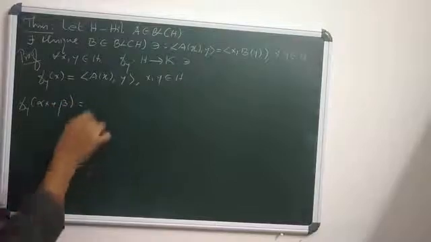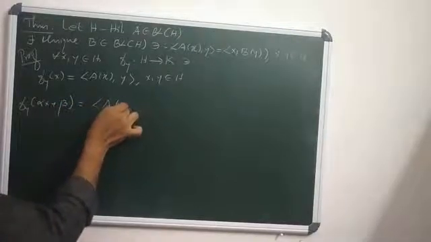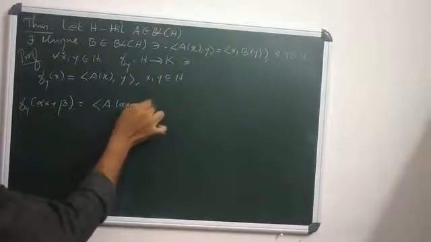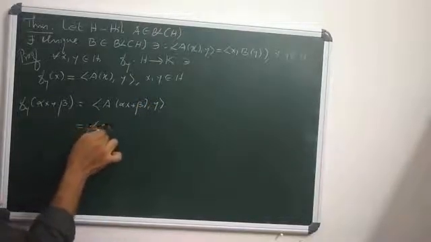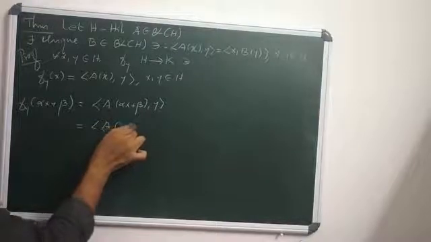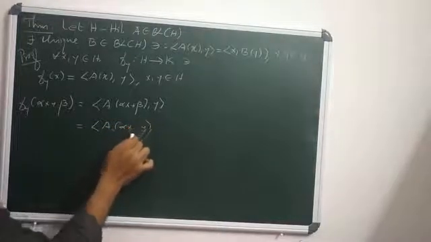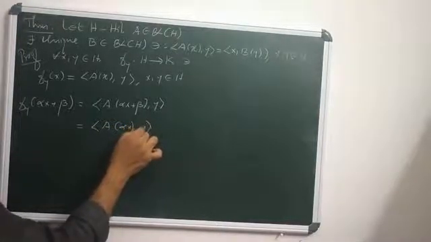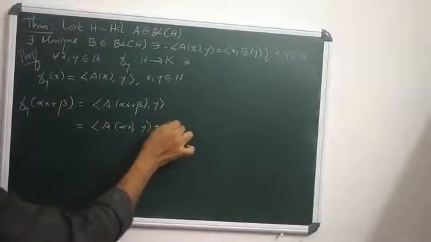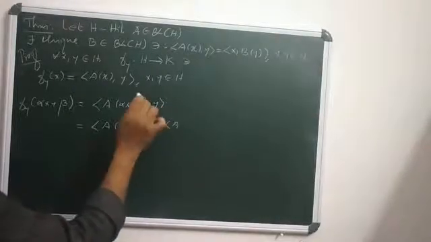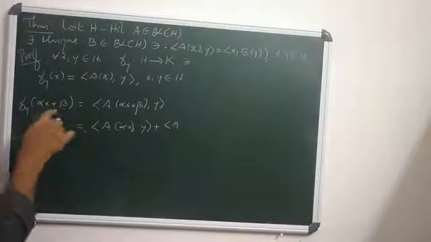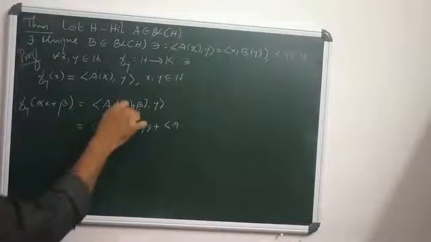Fy of alpha x plus beta is the inner product of A(alpha x plus beta) with y, which equals the inner product of A alpha x with y plus the inner product of beta with y.